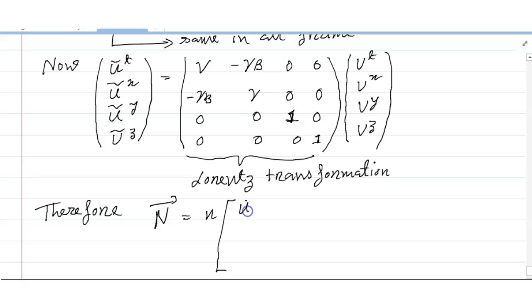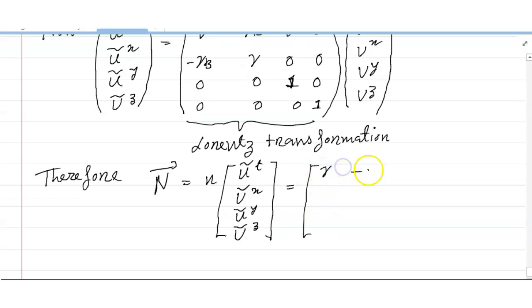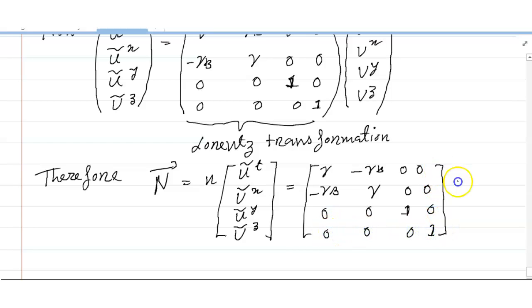Therefore, capital N equals n times (u tilde t, u tilde x, u tilde y, u tilde z), which equals the matrix with rows (gamma, minus gamma beta, 0, 0), (minus gamma beta, gamma, 0, 0), (0, 0, 1, 0), (0, 0, 0, 1), multiplied by n times (ut, ux, uy, uz).